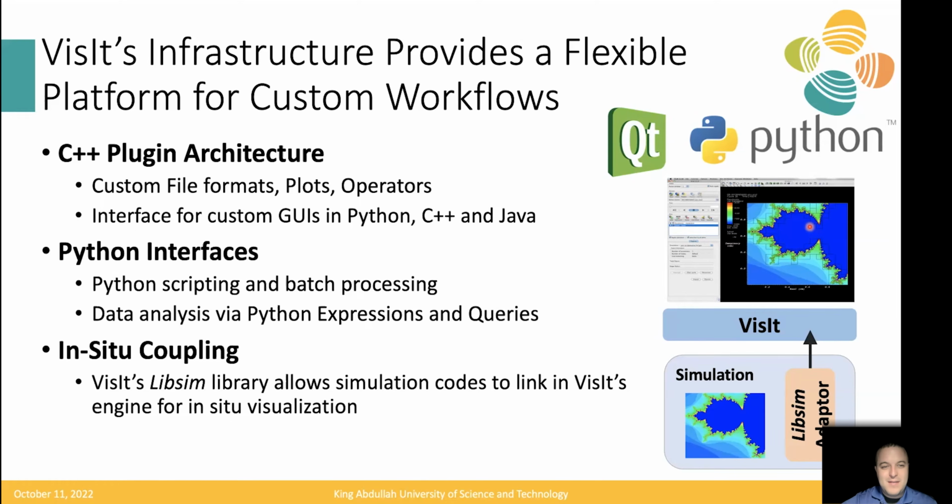It has a Python interface, and so this is very valuable for doing Python scripting and batch processing, as well as data analysis via Python expressions and queries. So there's a lot of power there. And finally, it has in-situ coupling. VisIt has a library called libsim, which allows simulation codes to link directly to VisIt's engine for in-situ visualization.